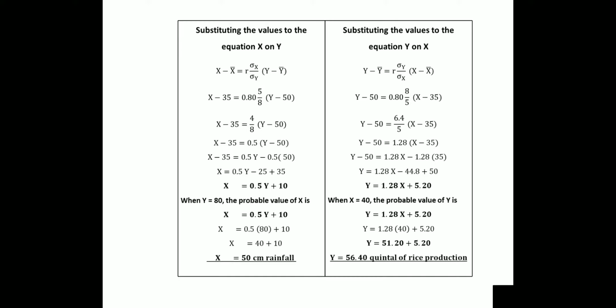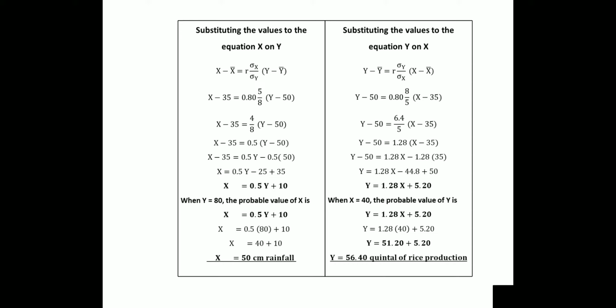So when we substitute the values into the x on y equation, that will be x minus 35 is equal to 0.80 into 5 by 8 into y minus 50. X minus 35 is equal to 4 by 8 into y minus 50. X minus 35 is again equal to 0.5, that is, 4 by 8 will be 0.5, multiplied by y minus 50.